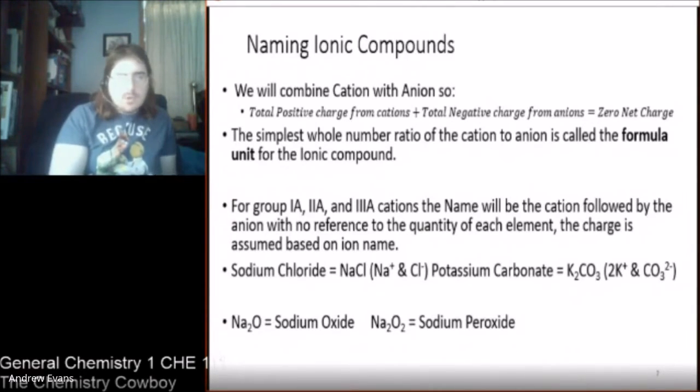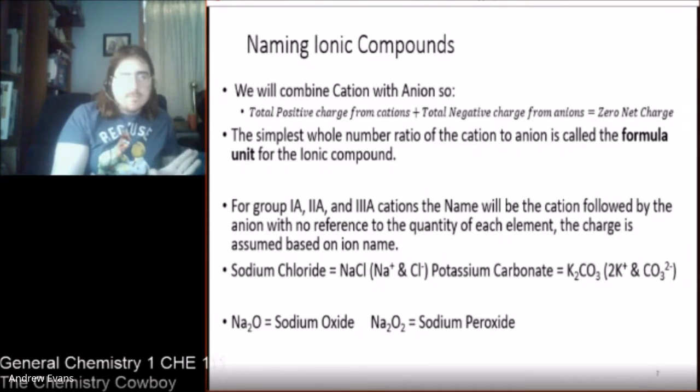Now, the simplest ratio of cation to anion will be called the formula unit. This is because with sodium chloride, which is table salt, we may say 1 sodium, 1 chloride, but in reality, we have quadrillions of molecules all put together into the structure of repeating NaCl, NaCl, NaCl, up, down, left, right, front, and back, as we talk about these guys later in the semester and next semester.